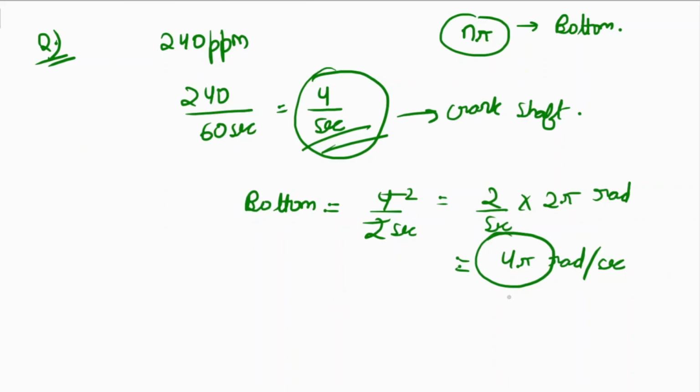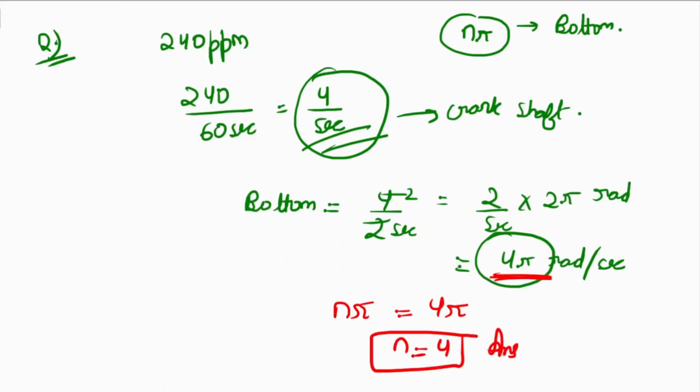This is the speed of the bottom shaft, and it is given in the question that the speed is n pi. So equating n pi with 4 pi, we get n is equal to 4. This is the type of question asked in the GATE examination. It is a recent GATE paper.